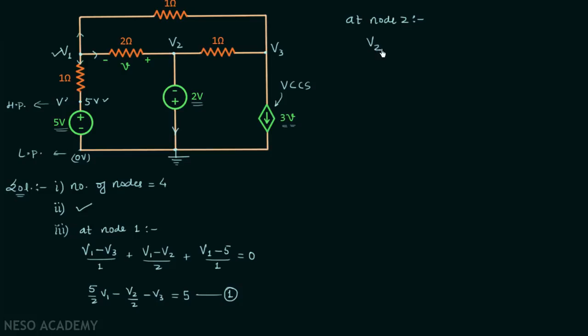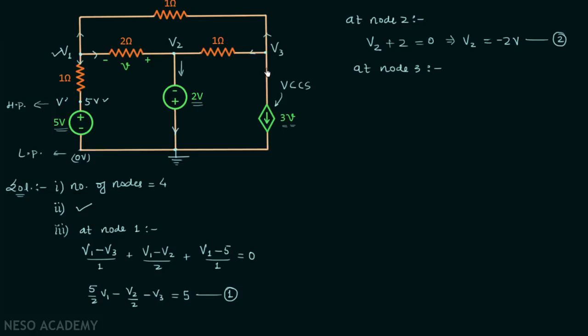So we have V2, then moving in this direction we have plus 2 volts, so we will write plus 2. Then we will equate it with the potential at this point, that is 0 volt. So from here we are getting V2 equal to minus 2 volts. This is equation number 2. Now we will obtain the KCL equation at node number 3.